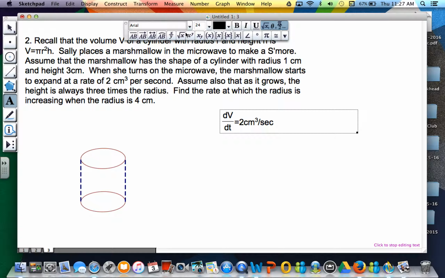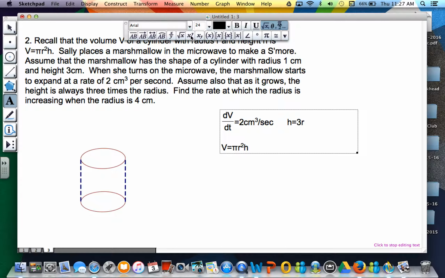That's the first thing we know. We also know that the height is 3 times the radius. I bet we'll use that. Now, if we're trying to find the rate at which the radius is increasing when the radius is 4 centimeters, we probably want to just start with V is equal to pi r squared times h.